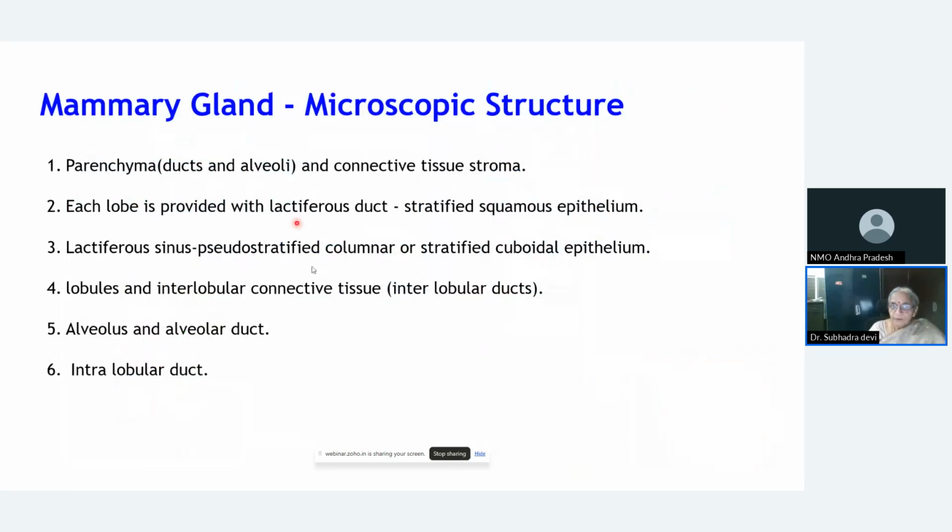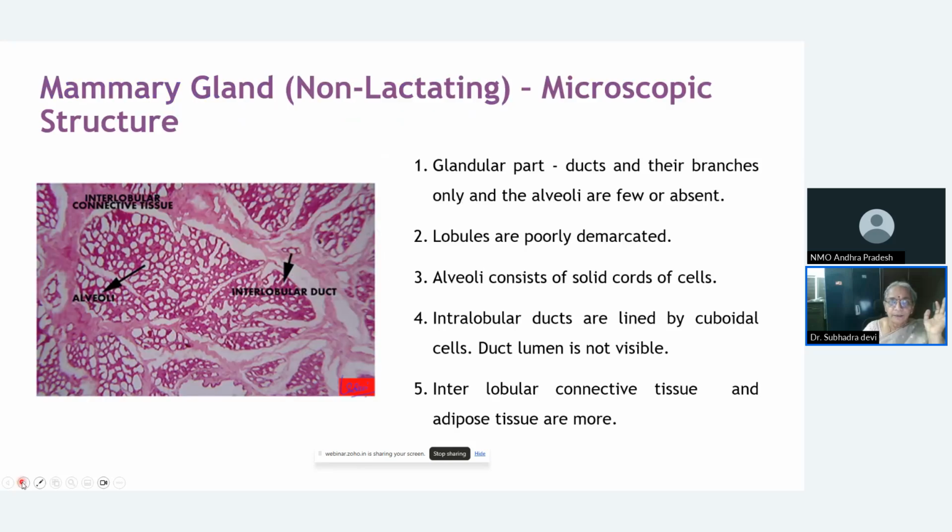So the microscopic structure. What you have to focus on, just like any gland, is the secreting units, alveoli, and then the duct system and the interlobular connective tissue. So the non-lactating part, what you will be seeing: the glandular part and ducts will be there, and the lobules will be poorly demarcated, and the alveoli will have only solid cords of cells, and interlobular connective tissue and adipose tissue will be more.